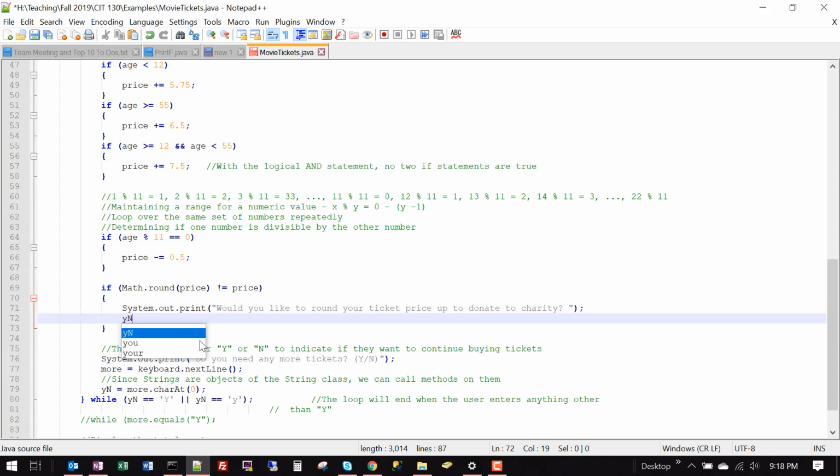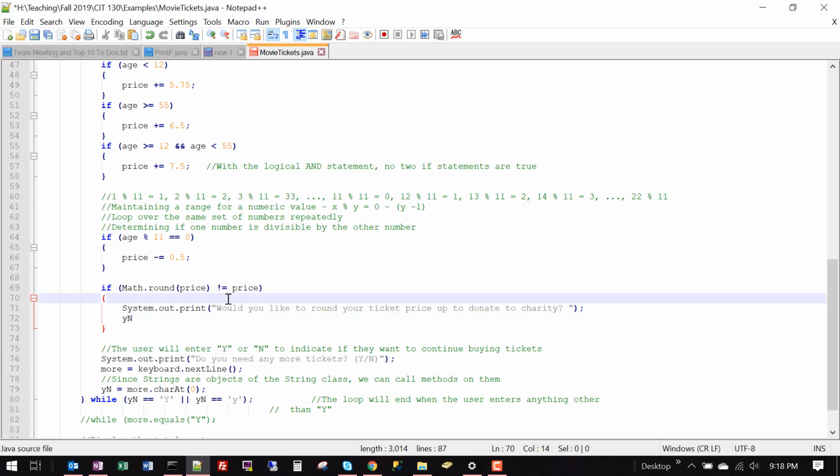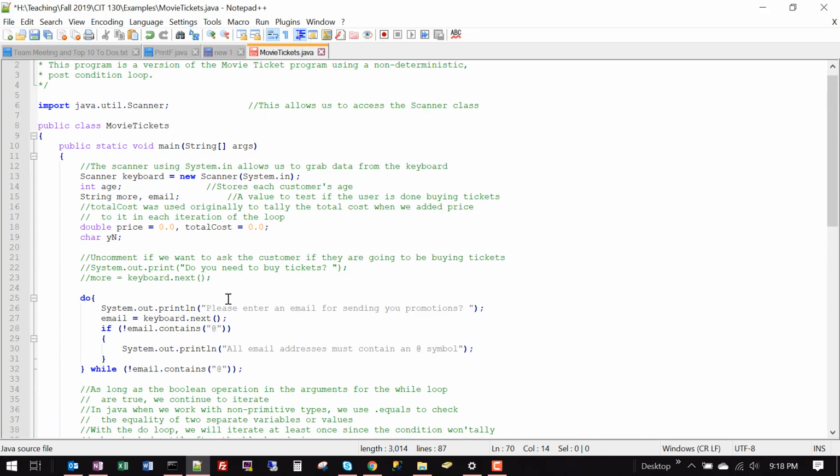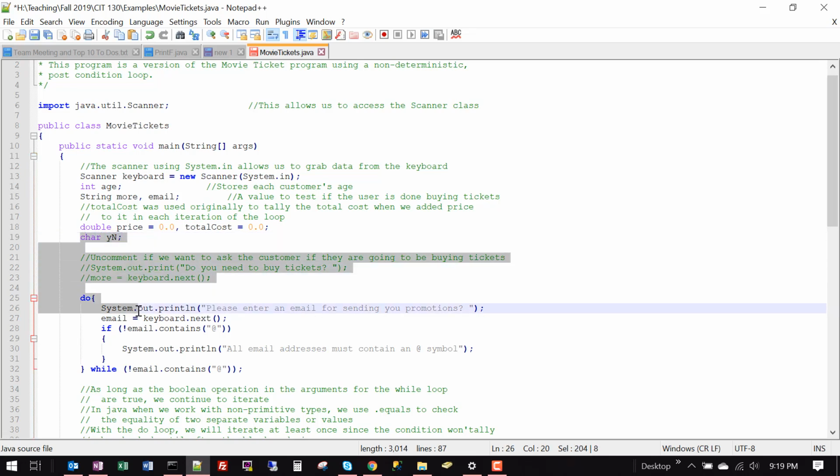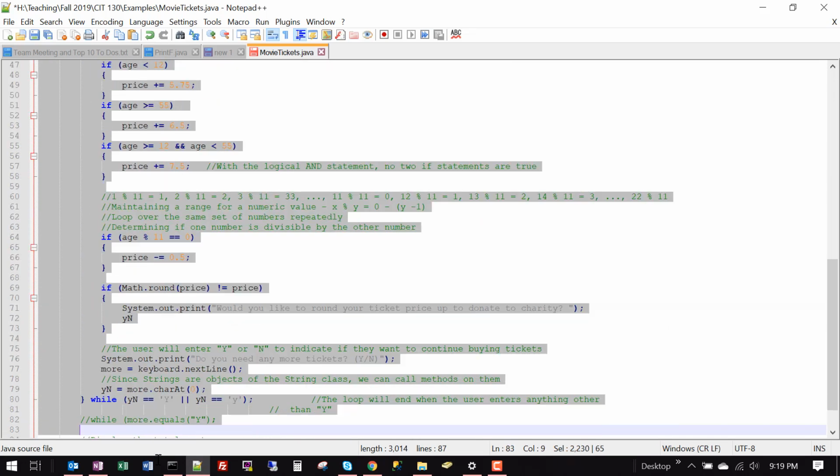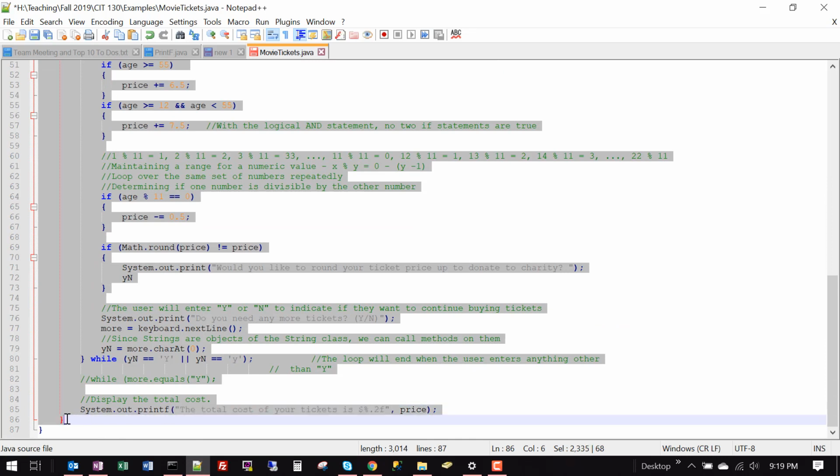And here's a great extra lesson that I can throw in here. You notice that yes, no is here. It is within the main method and declared at this point, which means from that point all the way to the end of the main method, that variable is what we call in scope, and we can use it.